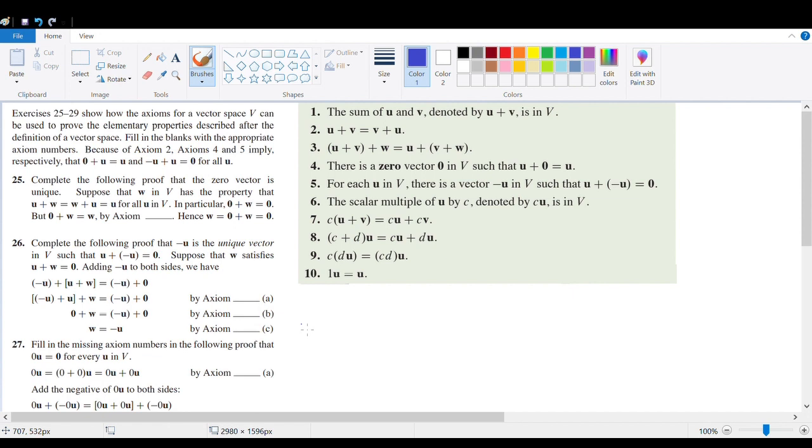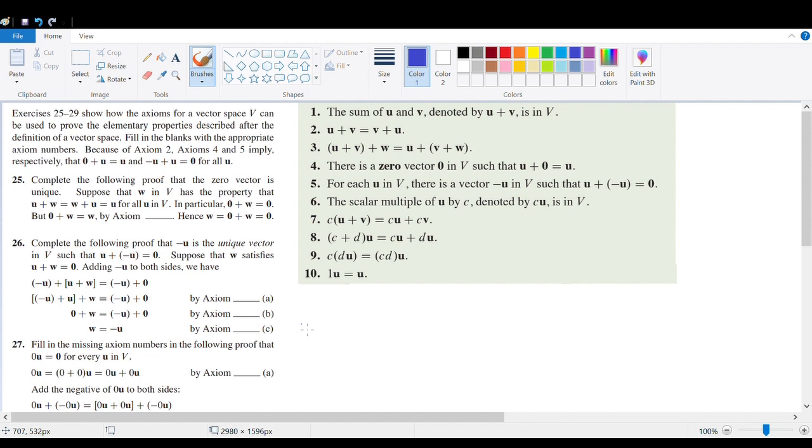So for 25, complete the following proof that the zero vector is unique. Suppose that w in V has the property that u plus w is equal to w plus u, which is equal to u for all u in V. In particular, 0 plus w is equal to 0, but 0 plus w is equal to w by axiom. Hence, w is equal to 0 plus w, which is equal to 0.